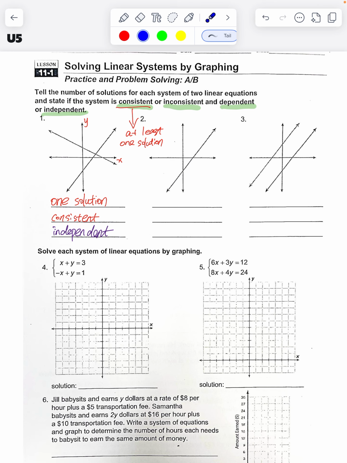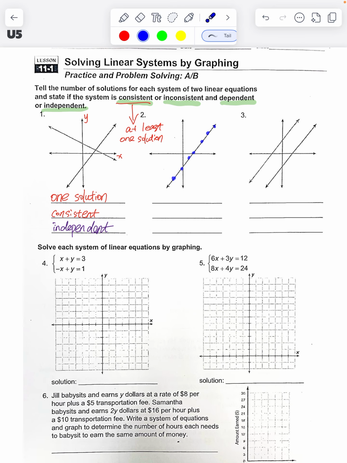So we have two lines overlapping each other, one exactly lying on the other one. So we have so many solutions because they cross each other at infinitely many points, right? So how many solutions? We're going to say infinitely many solutions.